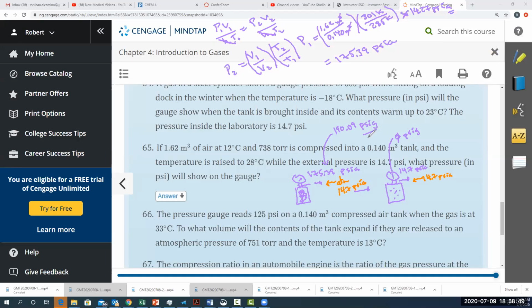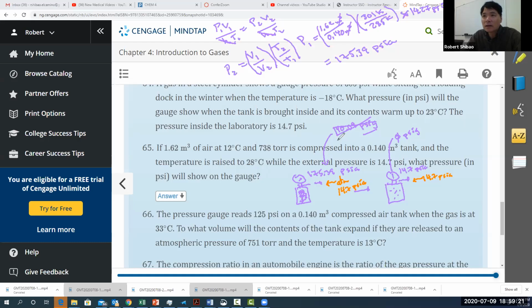Oops, did I get that right? Wait a minute. So, well, no, I got to subtract. I got it backwards, sorry. I'm not going to be able to extract all 175 PSI. I'm going to come out 14.7 PSI short because I don't want to suck it out of the tank. So I can't use all 175.39. So it's 175.39 minus the 14.7 I can't get out of there because it's stuck inside the tank.